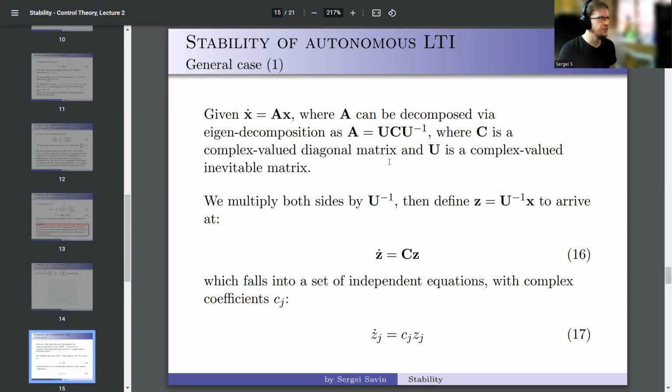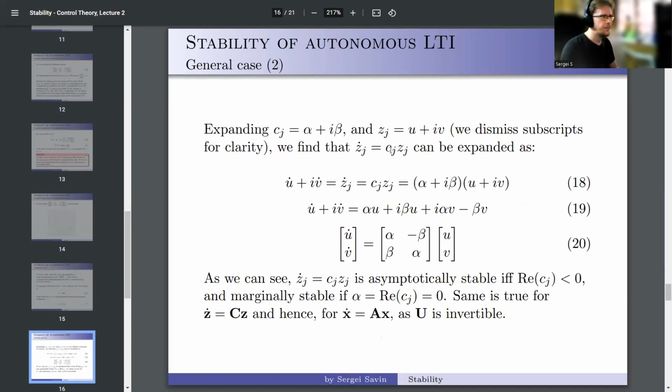So far, this was exactly the same as with the real numbers, but the result is slightly different. Well, C sub i is alpha plus i beta, a complex number, so it has a real part and an imaginary part. And Z sub i is u plus iv. Again, a complex number, real part, imaginary part.